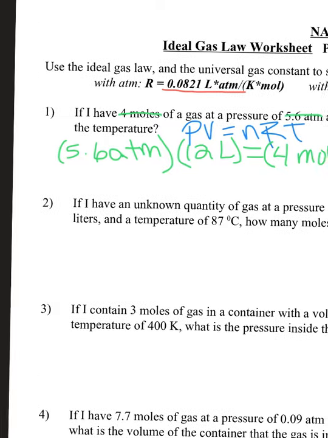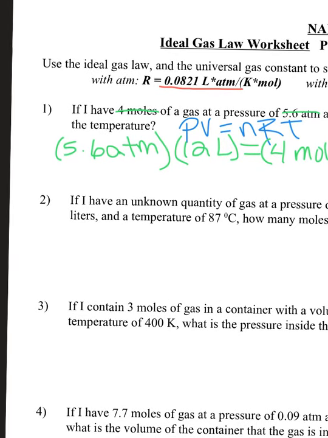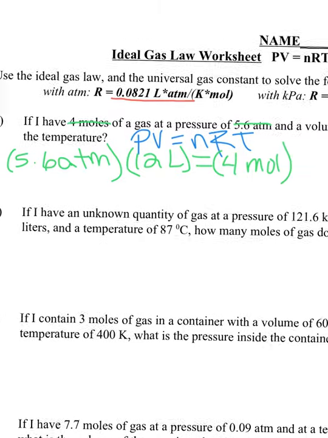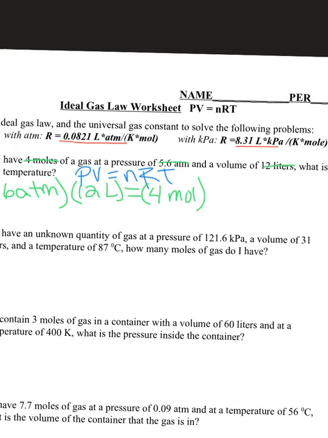Atmospheres. So we look at our R constant and we use the one that has atmospheres in its unit. That's right, it's going to be this one, 0.0821.